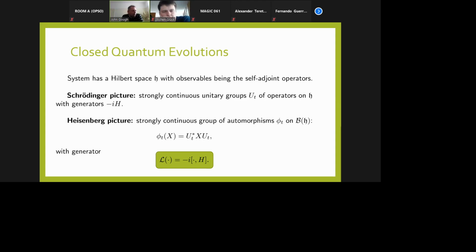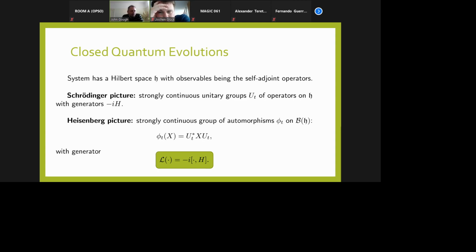We'll first of all assume our system has a well-defined Hilbert space H. And of course, in quantum mechanics, the physical observables correspond to the self-adjoint operators on the Hilbert space. In the Schrödinger picture, you can consider the vectors in the Hilbert space as evolving in time, and they evolve according to a unitary.